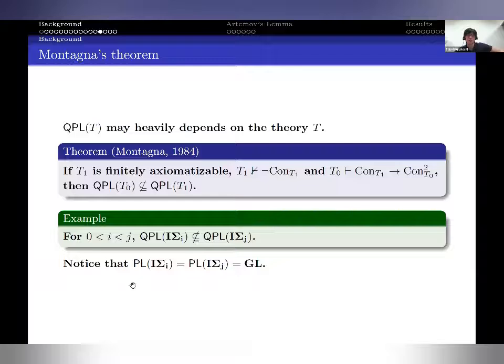Please notice that in the propositional case, the PL of I sigma i equals PL of I sigma j, because they are exactly GL. So the situations are different.